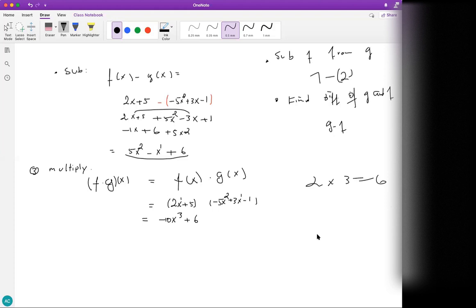Everybody in the room. That's right, 6x squared. We add the powers, so x to the first times x to the first is x squared. Then the third one is negative 1, so 2x times negative 1 is negative 2x. Basically we did this 3 times.